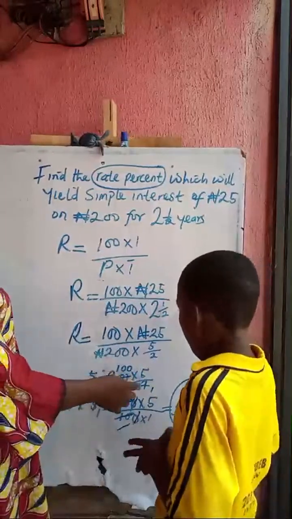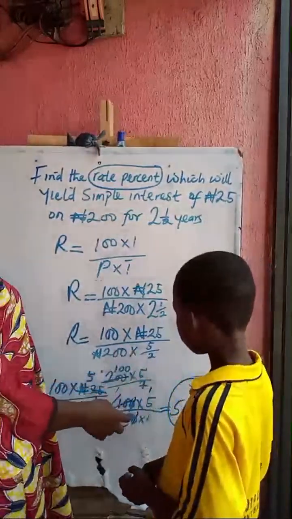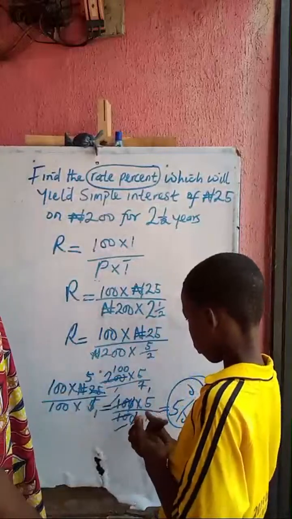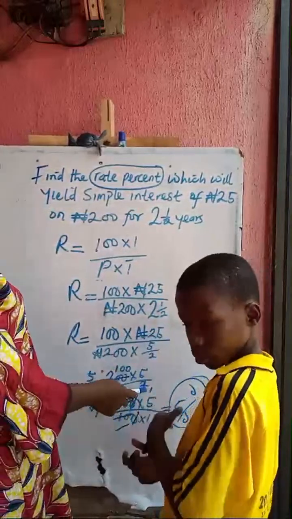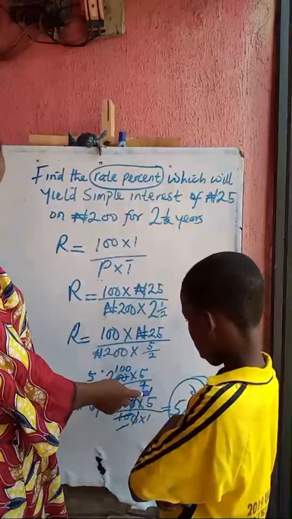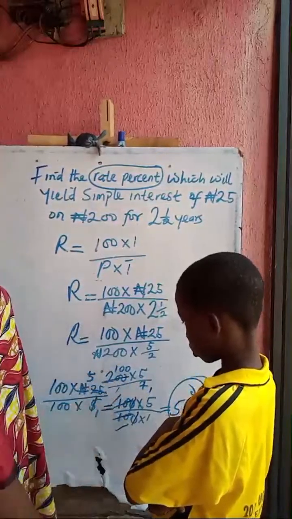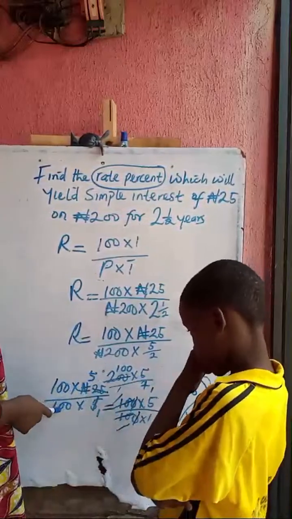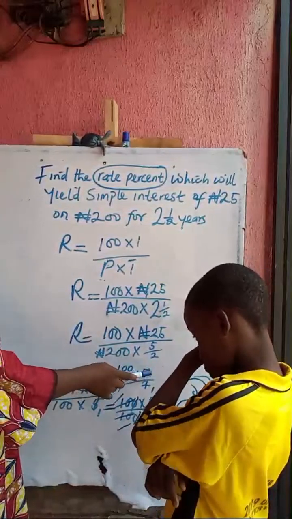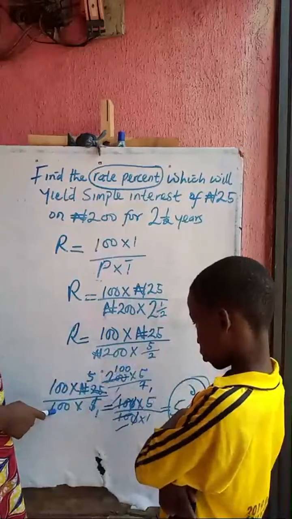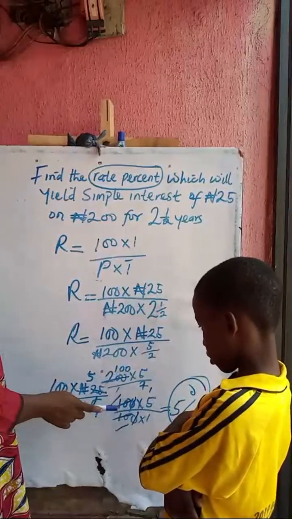We need to look out for numbers we can divide before we multiply. Looking out for numbers we can divide, 2 divides itself, 1. 2 divides 200, 100. So we are left with 100 times 5.